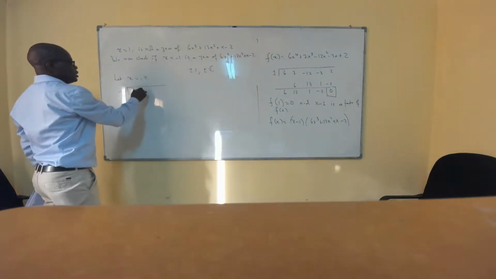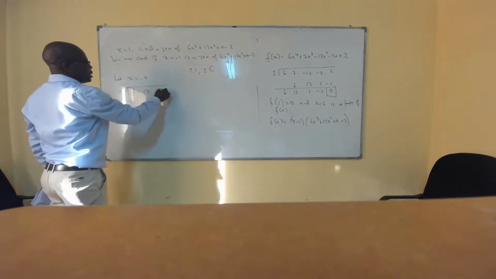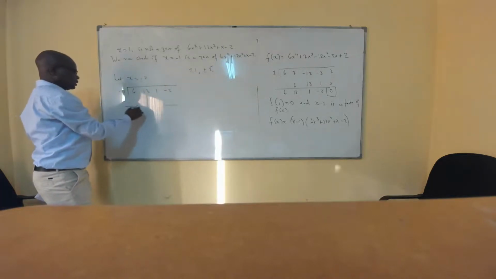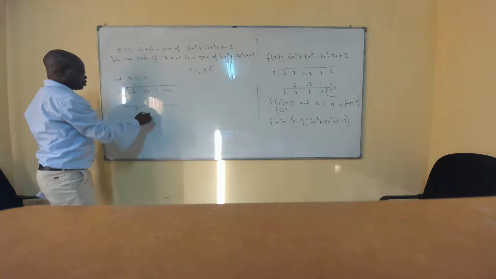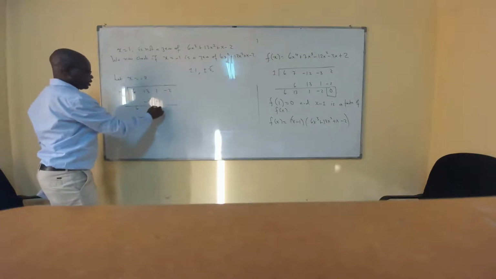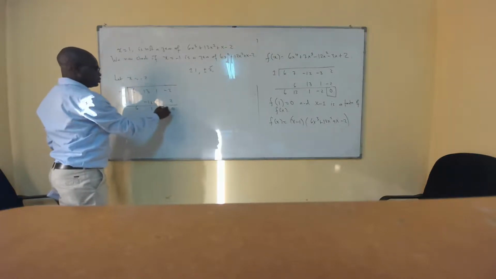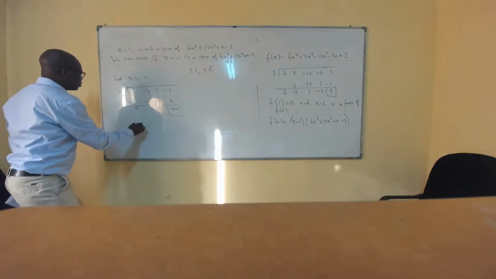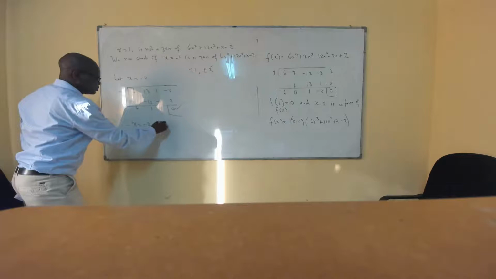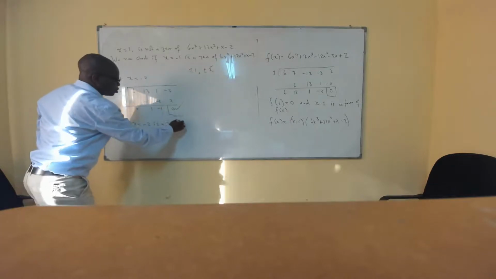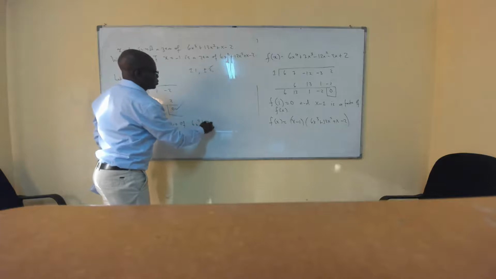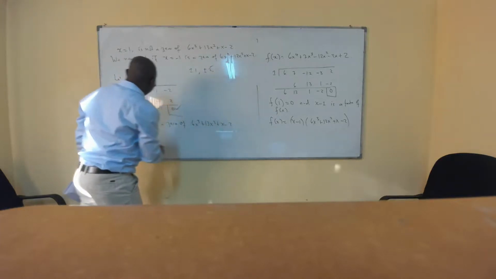We have 6, 13, 1, minus 2. Let's see what we get. So we have 6, that's minus 12, add 1, minus 2, minus 1, that is 2, 0. We are lucky. So therefore, x equals minus 2 is a 0 of 6x cubed plus 13x squared plus x minus 2.